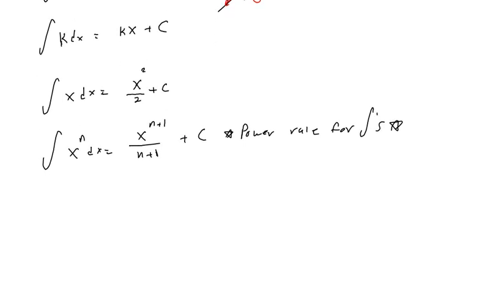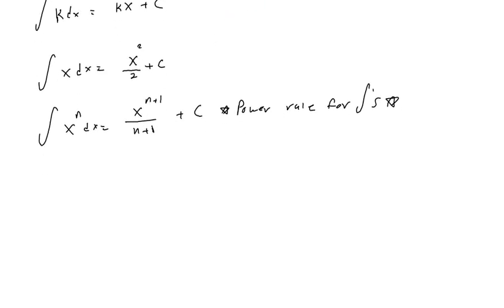So let me give you some examples of this power rule that we use. For example, if I have the integral of 3x to the 4th power dx, solve this. What is the integral of 3x to the 4th power dx? Well, I'm going to use my rule here. Really, I should say if there's a k in front, but it's fine. I'm going to do my exponent rule, where I add 1 to the exponent and divide by that, and then I have this 3 that just kind of sticks around.